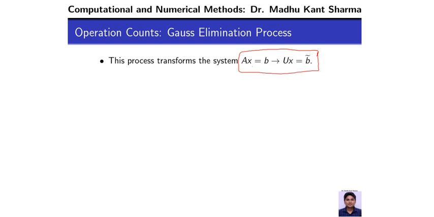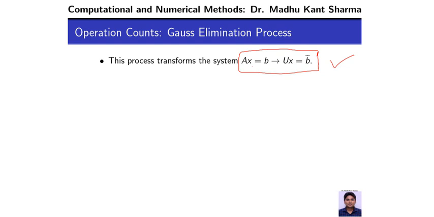So the obtained system and the original system share the same solution. Here we have applied row transformations to transform the original system into the upper triangular case.